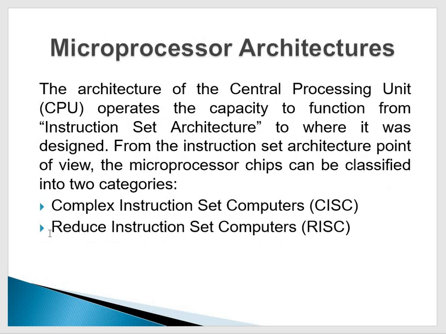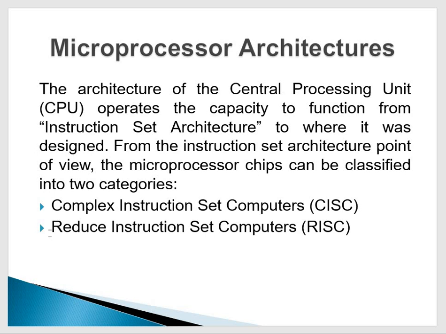Next we will discuss the microprocessor architecture in terms of instruction set architecture. In the previous topic, we discussed how we can decide the architecture of the microprocessor on the basis of the interfacing of the memory with the CPU. In this lecture, we will try to understand the architecture of the CPU in terms of its capacity to perform the instruction set.